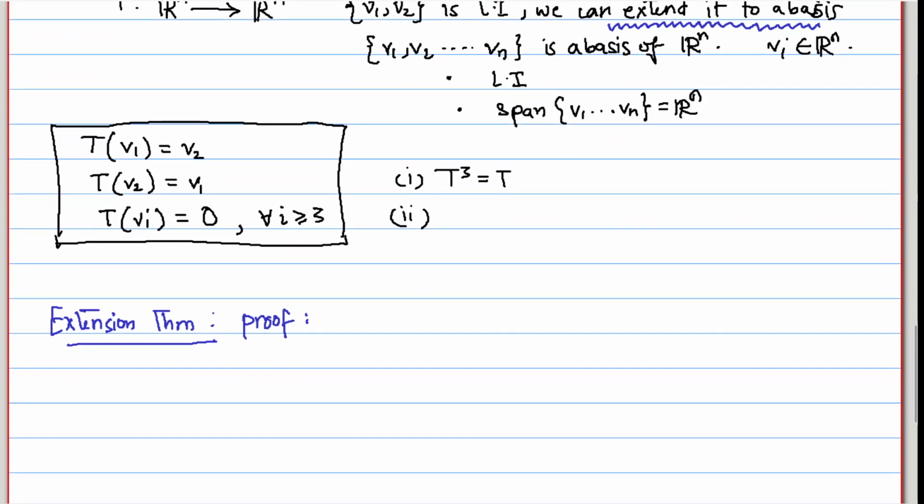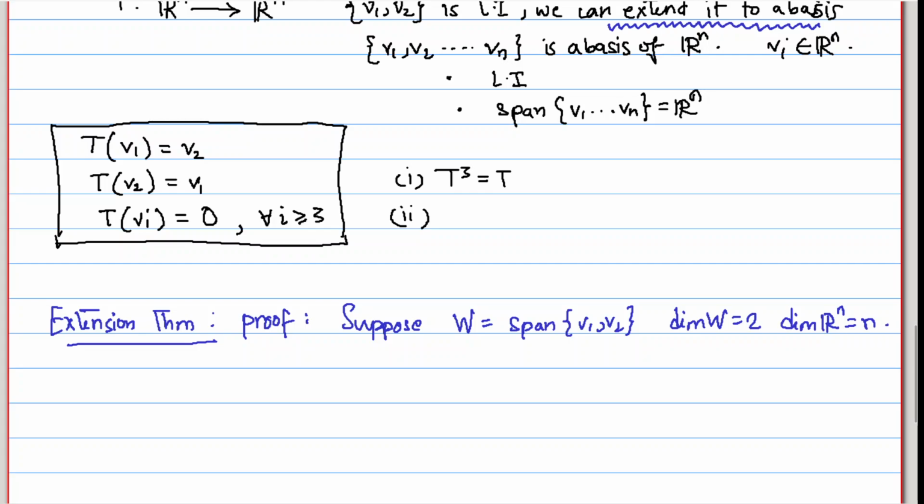So suppose W is the span of v1 comma v2, right? So the dimension of W is 2, and the dimension of Rn is n. So what does that mean?